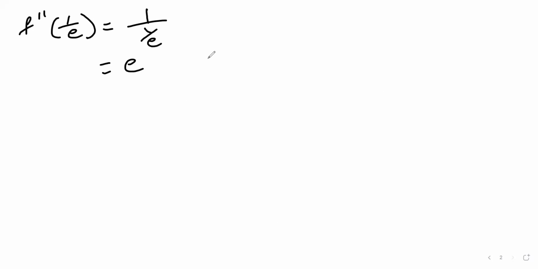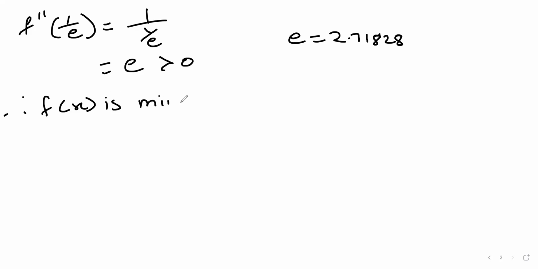That is e. The value of e is always greater than 0. Actually speaking, the value of e is 2.71828. So it is greater than 0, and therefore f of x is minimum at x is equal to 1 by e.